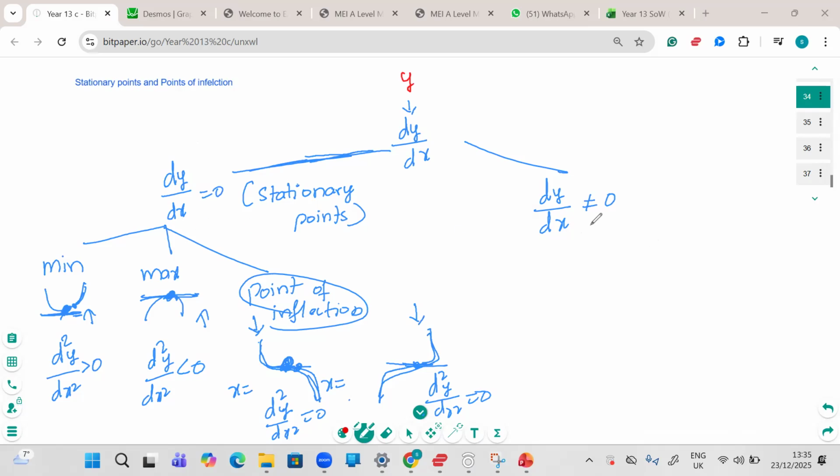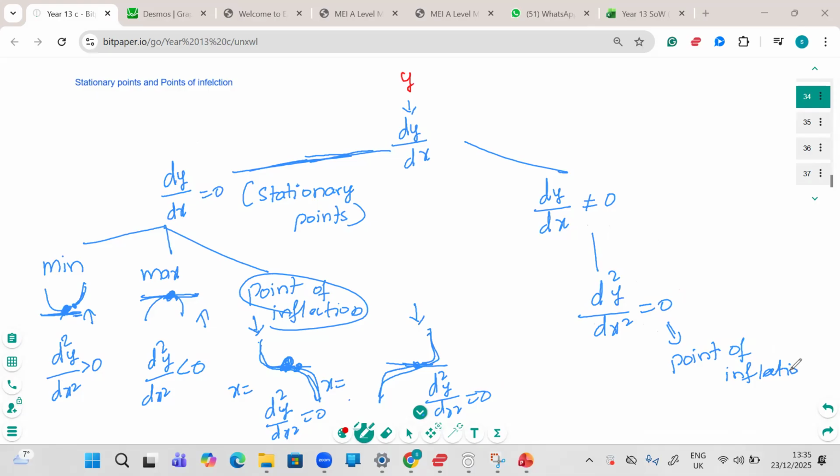When dy by dx is not equal to 0, then you again find d square y by dx square. If that is equal to 0, meaning this has a point of inflection.